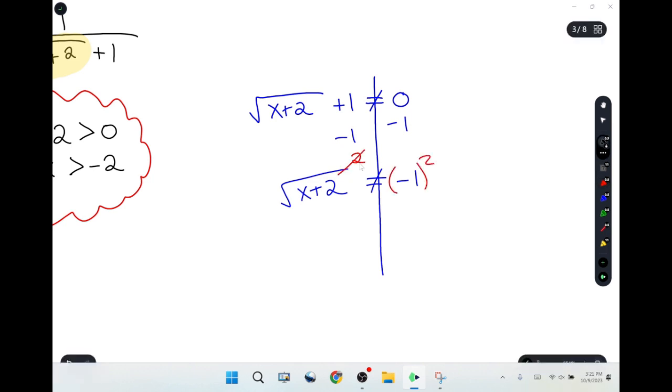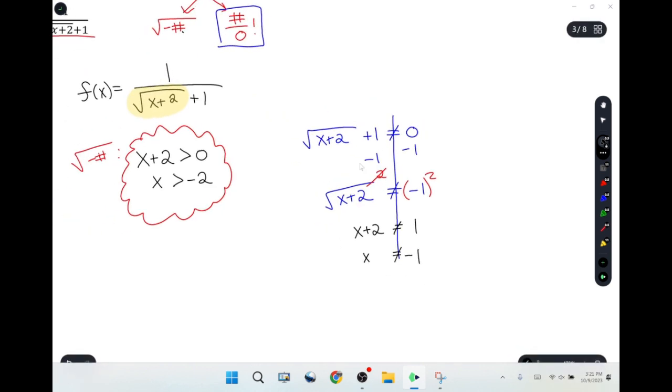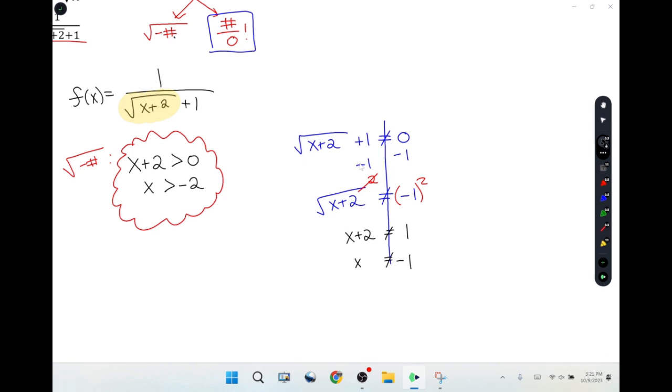But this is going to give us something that's not true. X plus 2 better not be 1. Right? So X better not be negative 1? Oh, well, that's okay. We already knew that.